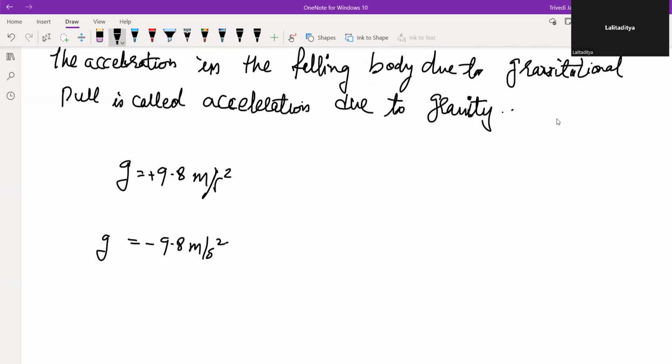Minus is when it's moving up, against gravity. When it is in favor of gravity, towards Earth, it is plus.